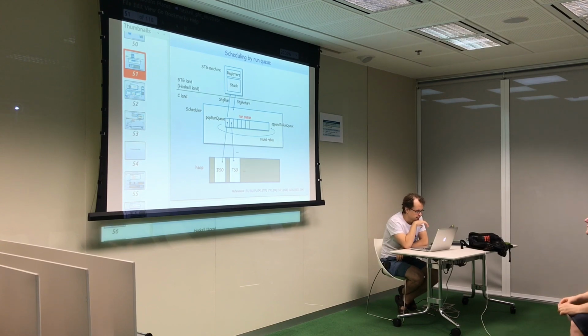Every capability has its own run queue. GHC runs every thread from that run queue for some time. If a thread is yielding, it gets removed from the front of the queue and added to the end of the queue.